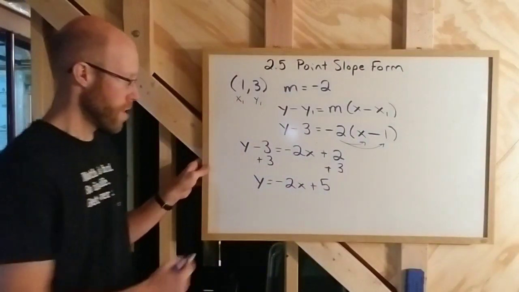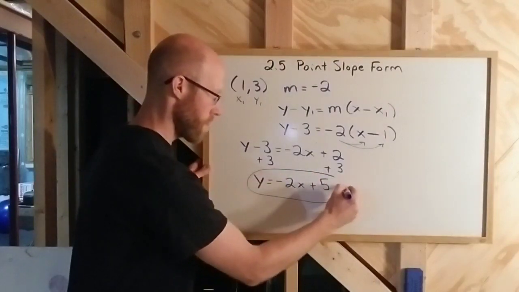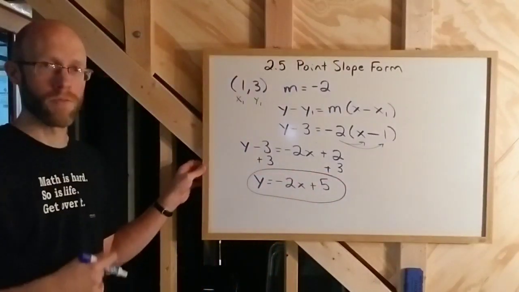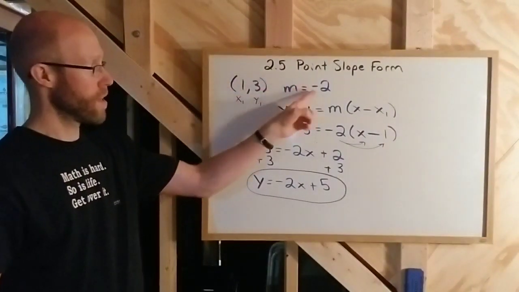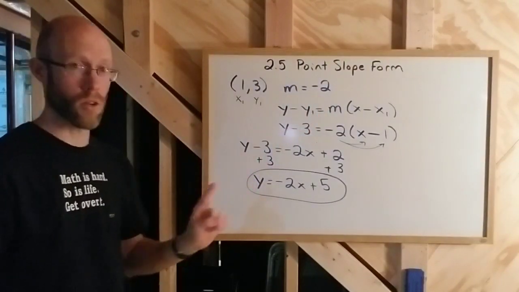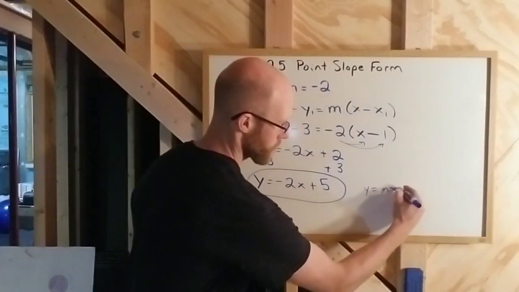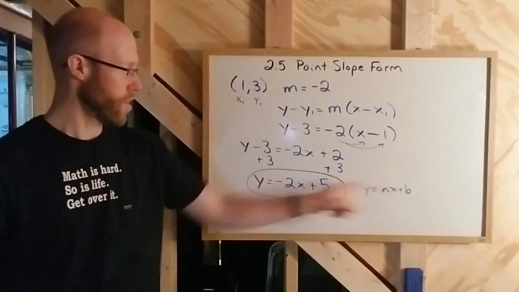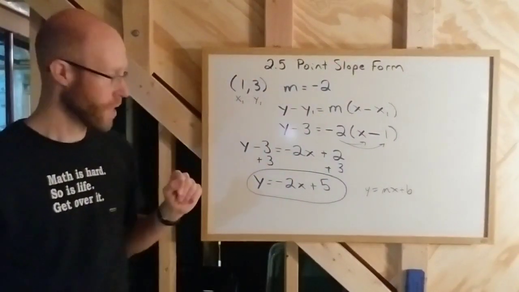This is going to be my slope-intercept form of the line that goes through the point 1, 3 and has a slope of -2. Now, from this equation, I can already tell, because it's in the form y equals mx plus b, I know the slope is -2. That makes sense because that's what we were given.